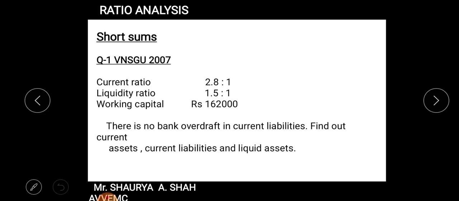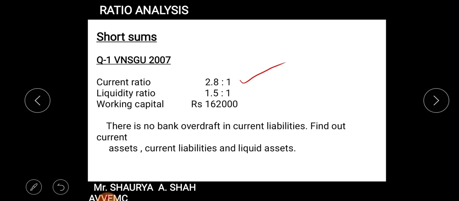What is given in the sum? It is basically VNSU 2007. Current ratio is 2.8:1. Whenever this kind of sum comes, always analyze first what is given and how it can be calculated, and whether any similarities are there or not. So the very first thing is current ratio, given in the sum as 2.8:1.